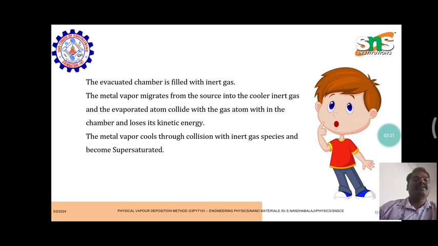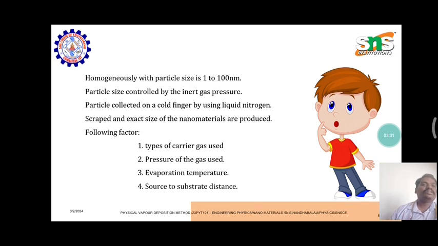The metal vapor cools through collision with inert gas species and becomes supersaturated, forming particles homogeneously with sizes of 1 to 100 nanometers. Particle size is controlled by the inert gas pressure, and particles are collected on a cooled finger using liquid nitrogen.